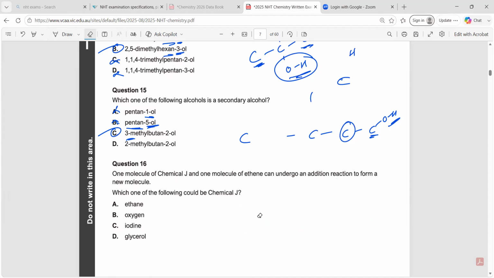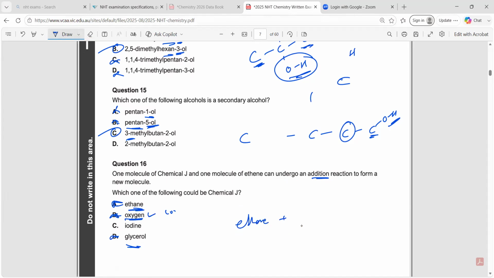Now, generally speaking, ethene could react with oxygen. However, it wouldn't go through an addition reaction. That would be a combustion reaction. So it wouldn't be B. We want an addition reaction. Ethane, I don't think it really reacts with it. And I don't think it really reacts with glycerol, right? Unless it reacts with its hydroxyl groups. But double bonds and hydroxyl groups tend to not react with each other, but iodine does, right?